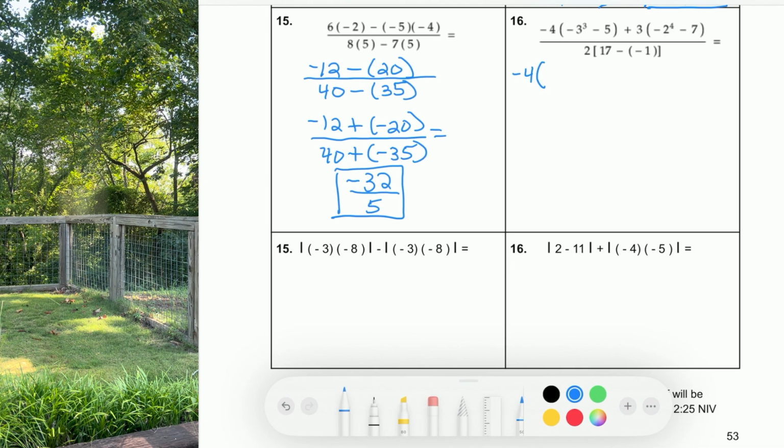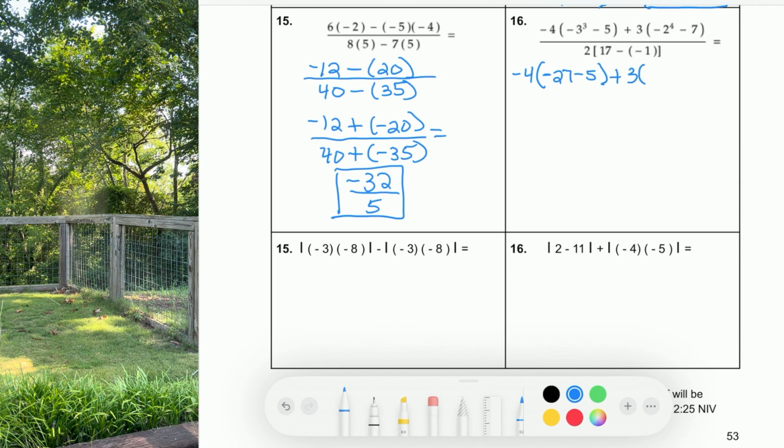The negative 3 to the power of 3, remember that negative is outside of it, it's not in a parentheses with the 3, as far as the exponent on the outside. So I know my number is going to be negative. And we're going to end up with negative 27 minus 5 within this particular parentheses.